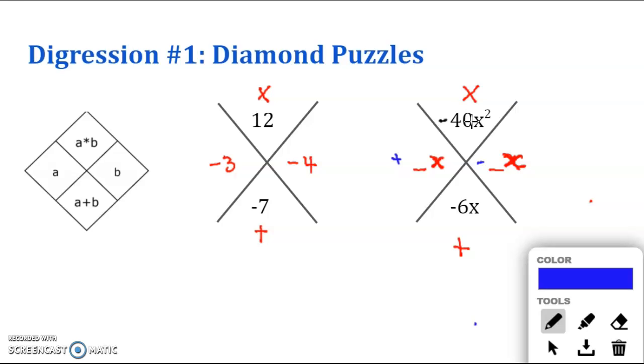So that means the bigger number between 4 and 10, which is 10, has to be the negative, and the other has to be 4. So it's 4x times negative 10x is -40x squared, and then 4x plus -10x is -6x. So this would work.